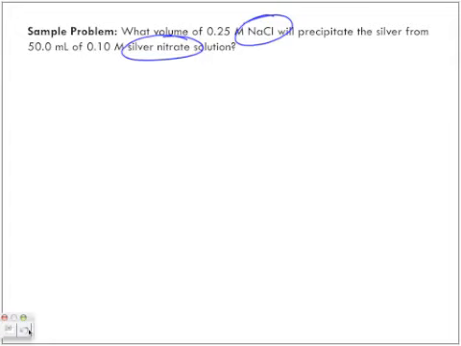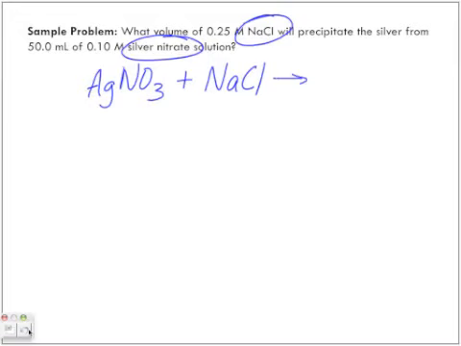So we're going to have AgNO3 plus NaCl to form NaNO3 plus AgCl.